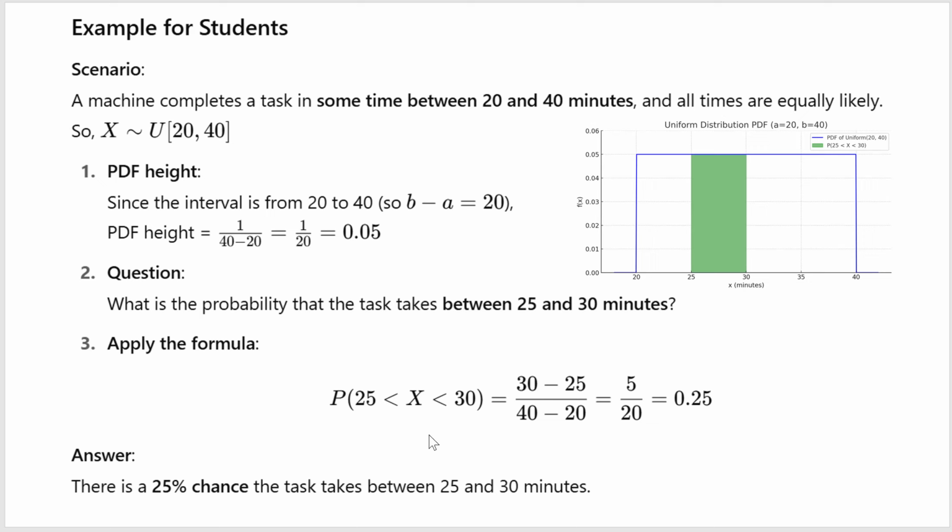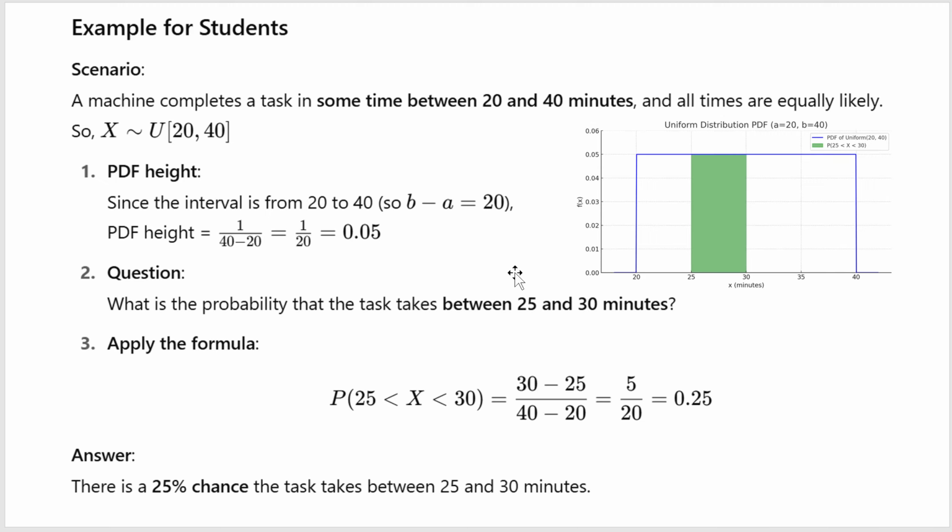So let's have a look at an example. A machine completes a task in some time between 20 to 40 minutes, and all times are equally likely. So x is a uniform function, U is the uniform distribution symbol, that ranges uniformly between 20 and 40.